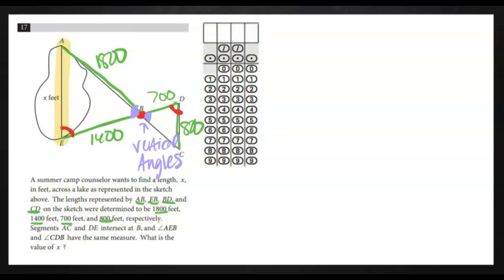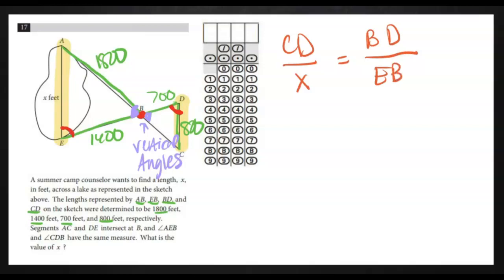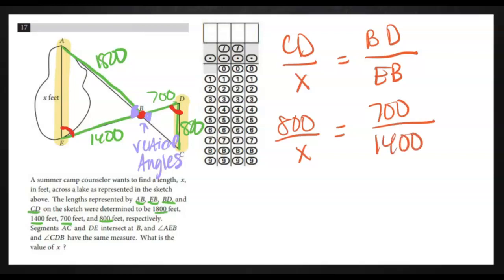And the side that corresponds with the side X we are trying to find is actually going to be our 800. So I'm going to show you what sides correspond to which sides. So your side CD corresponds to X, and then your side BD corresponds to EB. So one triangle corresponds to another triangle, so they're proportional. So if I fill in the information from the numbers that I was told in the question, I have a proportion question.